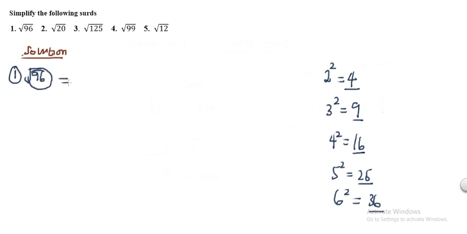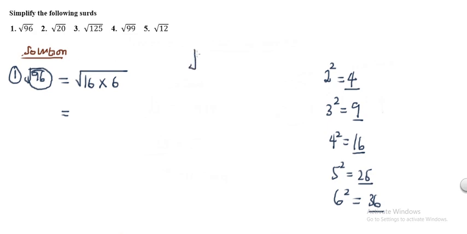So this is equal to, now for 96, what perfect square can go into 96? If you use your calculator and check 96 against all these numbers, you notice that 16 can go into 96, and it happens 6 times. So I write this 96 here as 16 times 6. Here we can separate these roots.